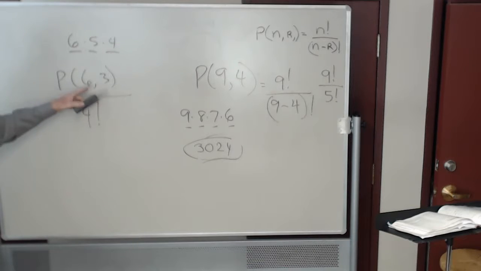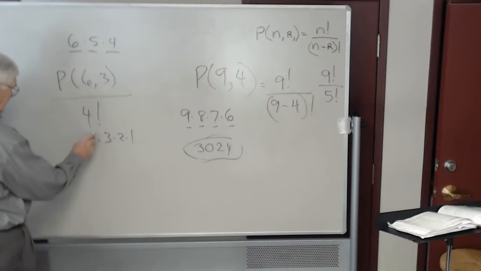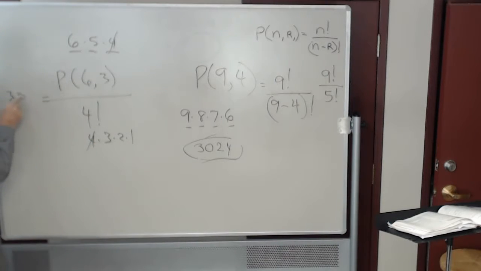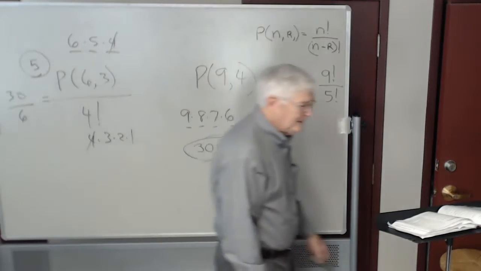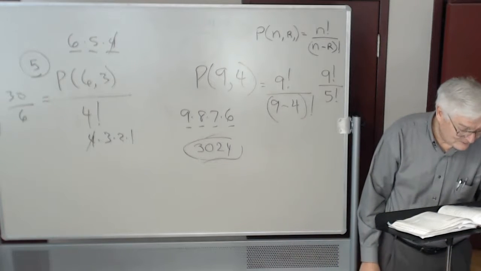A permutation of 6 things taken 3 at a time, 6 times 5 times 4, divided by 4 times 3 times 2 times 1. So the 4's cancel, and I'm left with 30 divided by 6, which would be 5. Everybody see that? Cancel the 5s here. Everybody see how I got the answer? 5 for problem 16.